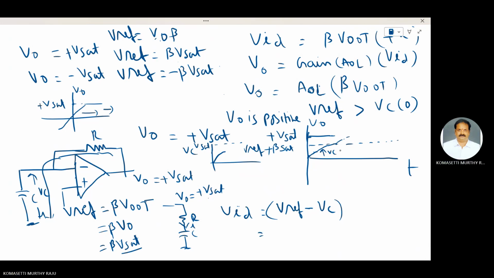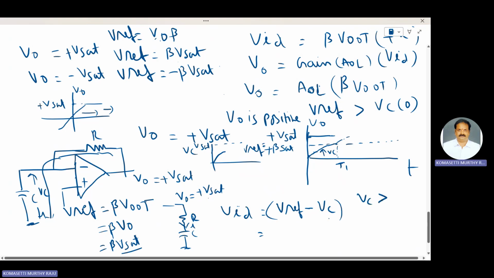At time t1, just at capital T1, the capacitor voltage reaches V reference, that means beta V set. Once the capacitor voltage just crosses this V reference voltage, VC is greater than beta V set.